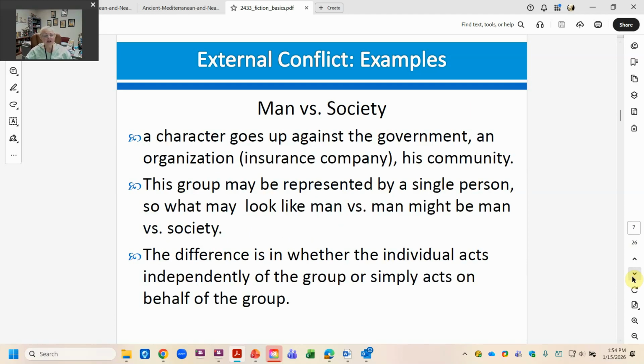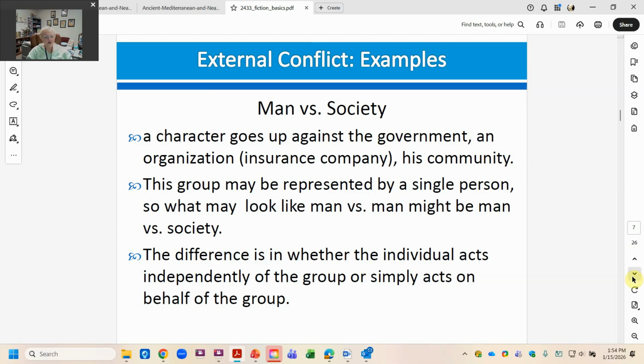Man versus society is where the opposing force is a group that share the same values or goal or something, and they are getting in the main character's way. Now, sometimes that group could be represented by an individual, and so it might look like man versus man, but if that antagonist is really the mouthpiece for an organization or a group, then you've got to consider whether it's really man versus society.